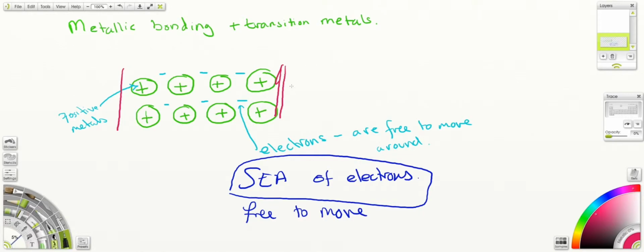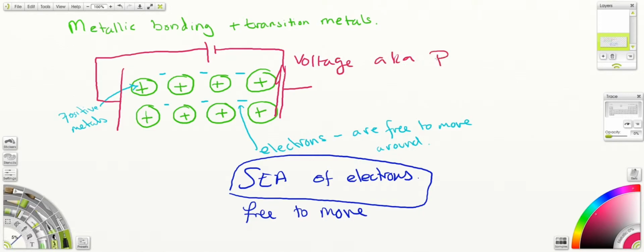Anyway, when we apply a potential difference, that means a voltage, to this metal, so this is my battery, my cell rather.